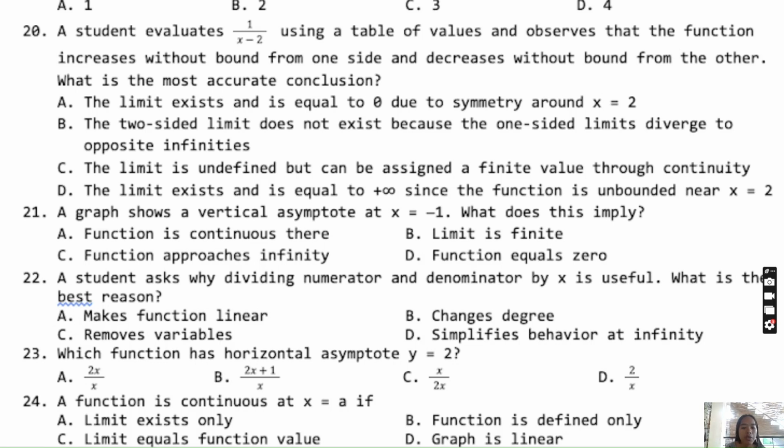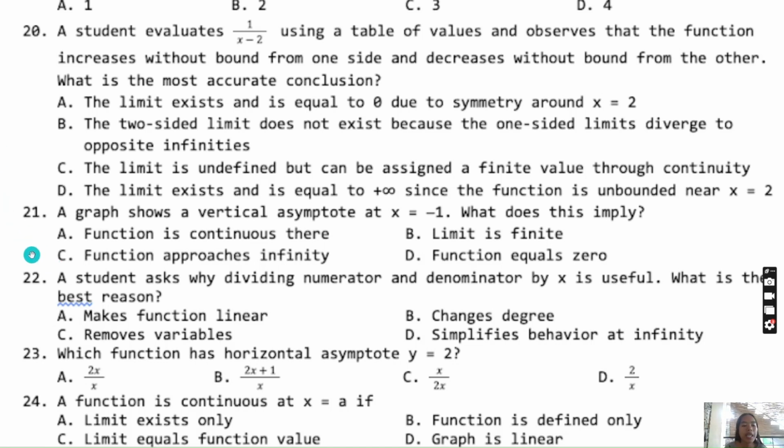So the answer is letter B. The two-sided limit does not exist. Because if one side approaches positive infinity and the other approaches negative infinity, then the limits are not equal. Therefore, the overall limit does not exist. So I hope you understand that.